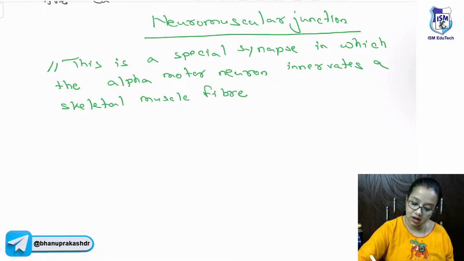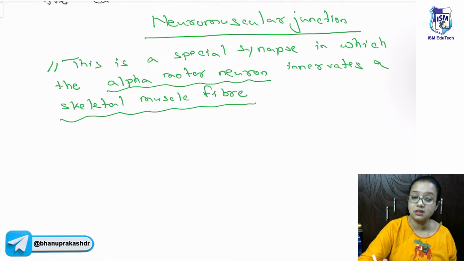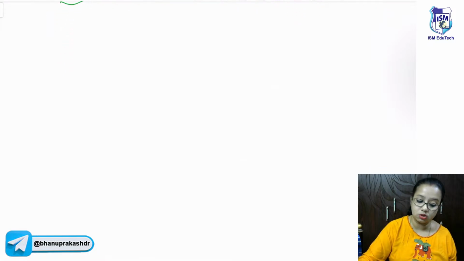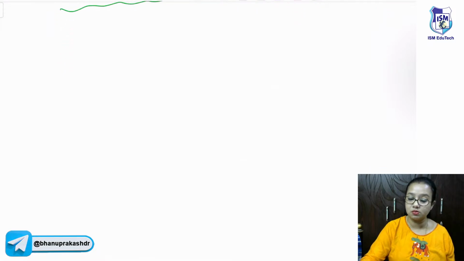Here, one alpha motor neuron innervates a skeletal muscle fiber because for a muscle to contract, there has to be one innervation, and that innervation comes from the motor neuron originating from the spinal cord. So, the alpha type of spinal motor neuron is the one that goes and supplies the skeletal muscle fiber.